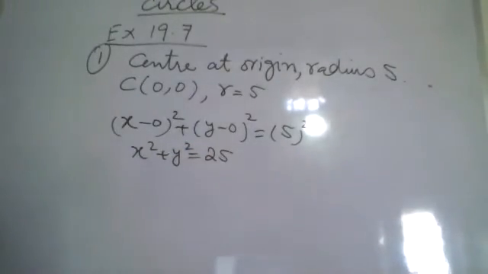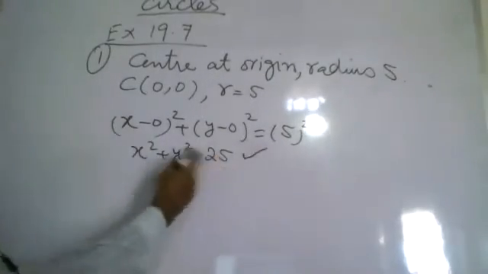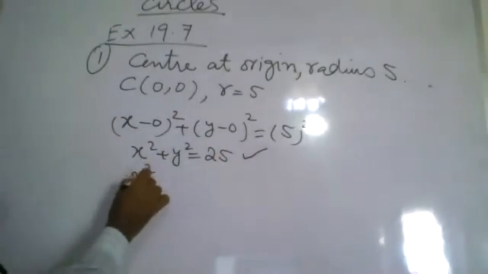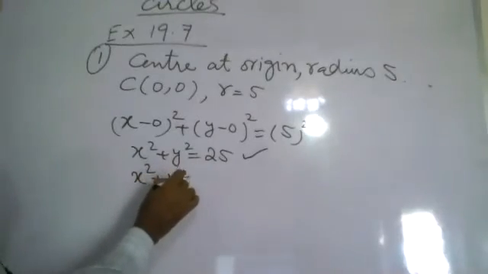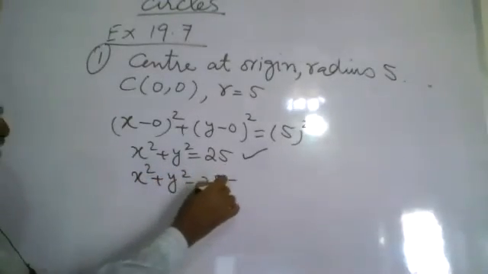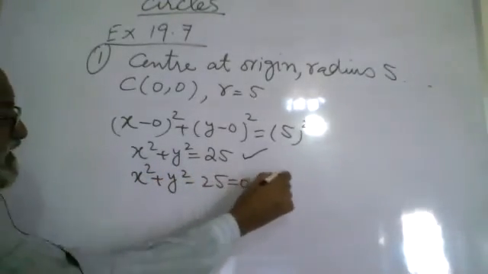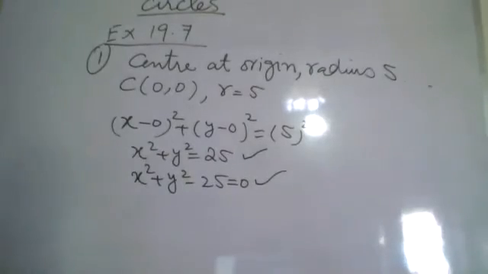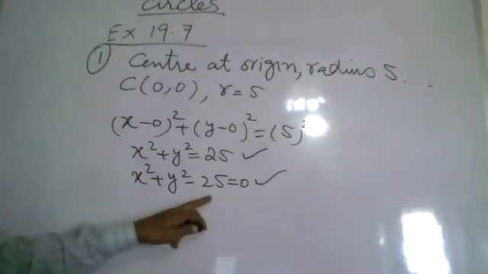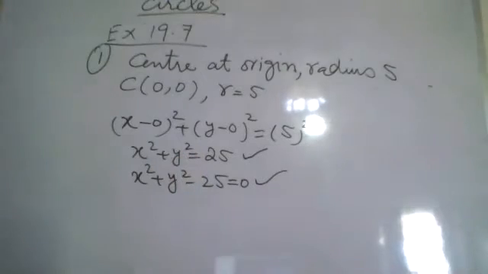This is the equation of the circle whose center is at the origin and radius is 5. This is also correct, or 25 will be shifted on the other side: x square plus y square minus 25 equal to 0. This is also a correct answer. This is in the standard form. This is not in the standard form.